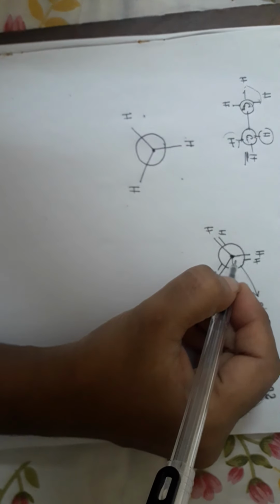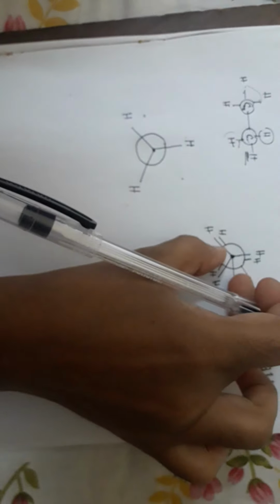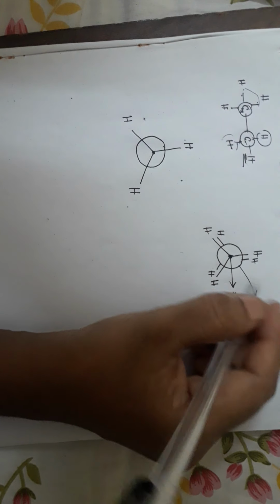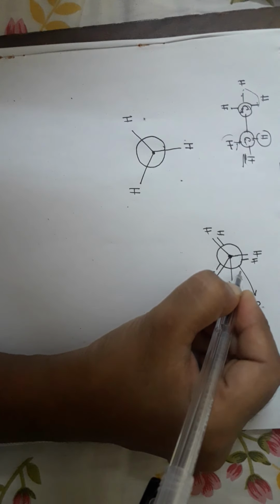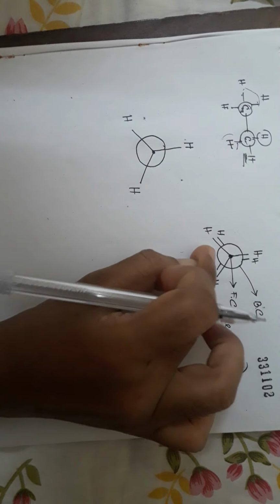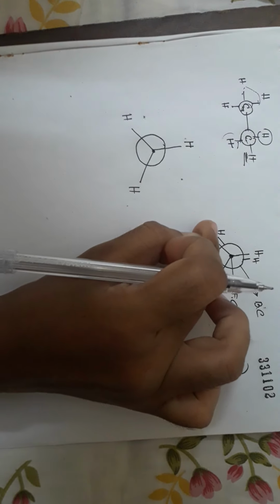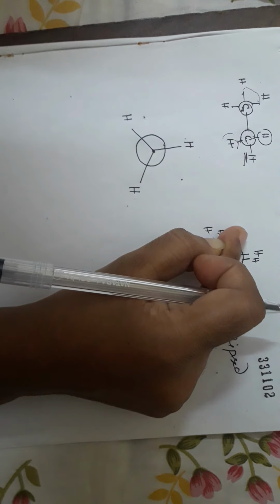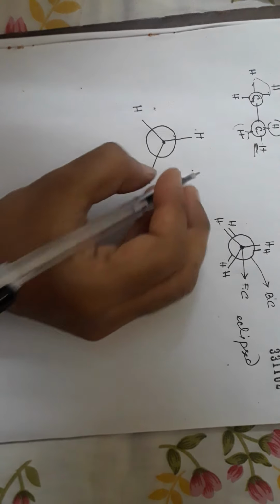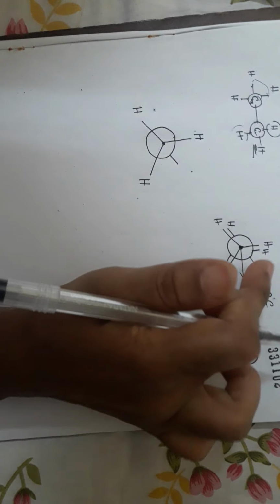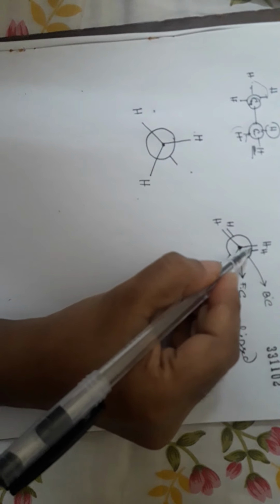So if we rotate it by certain angle, you can see that this hydrogen will become to this position, this hydrogen will become this position, this hydrogen will become at this position. So we actually do it at 120-degree rotation. So one more possible position of the groups attached to the bigger circle.